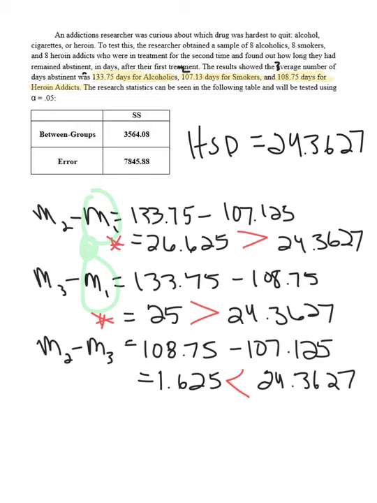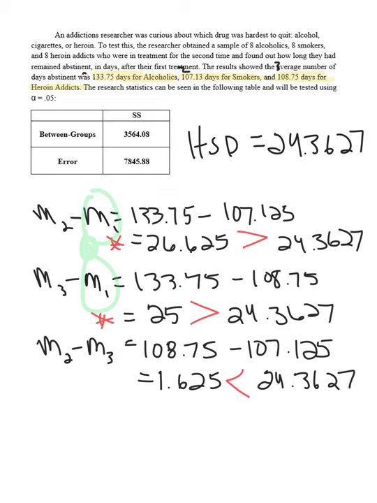If we really think about it, group 1, the alcoholics, had significantly more days abstinent than smokers or heroin addicts, because 133.75 days is larger than 107 days or 108 days.